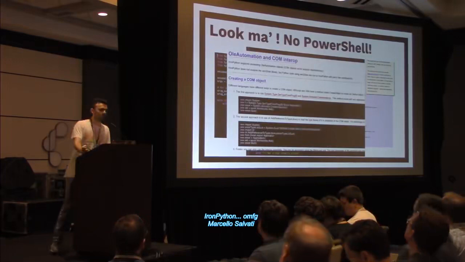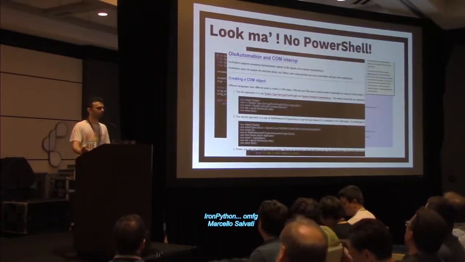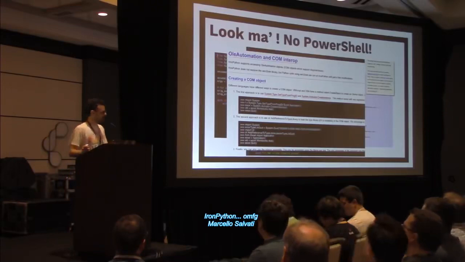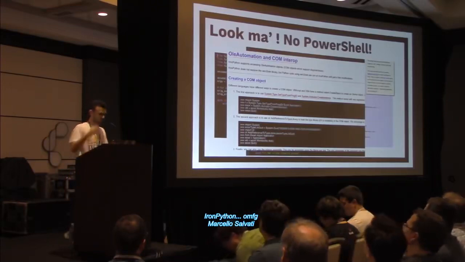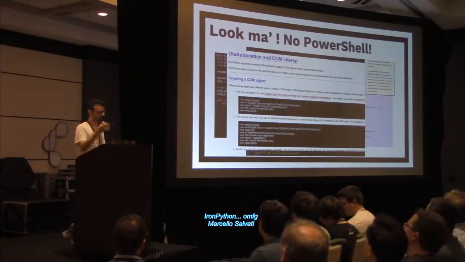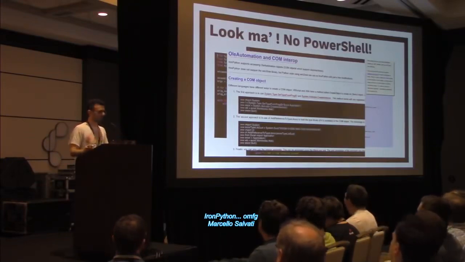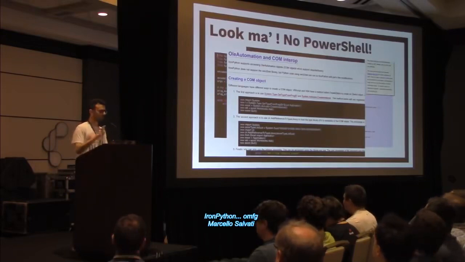There's also interop with COM through IronPython. This is just an example that I got off the IronPython documentation. You can call COM objects, so the Excel COM object. So you can do stuff like inject shellcode through VBA macros in Excel, which is one of those techniques that a team put out, through IronPython itself.